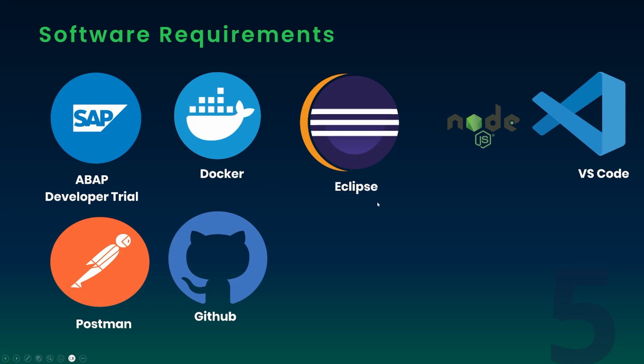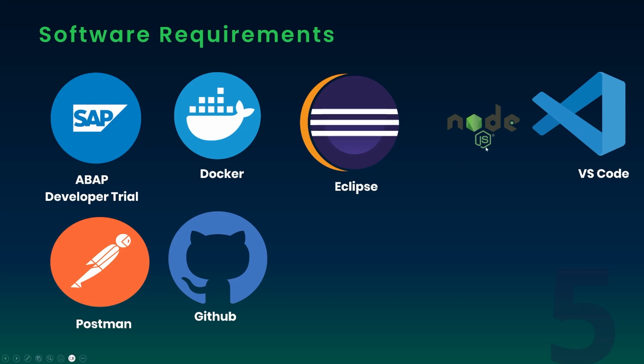And Eclipse, you can use Eclipse for development purposes, but you can also use SAP HANA Studio. Basically, Eclipse is the free edition. If you don't have any access to SAP HANA Studio, then you can use Eclipse, but both are actually the same.